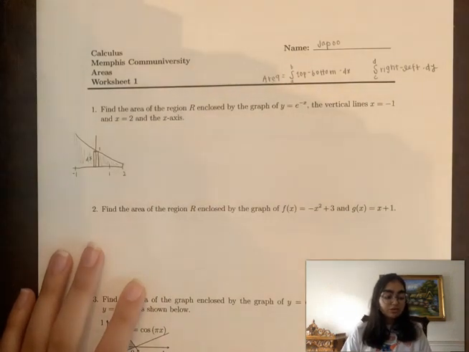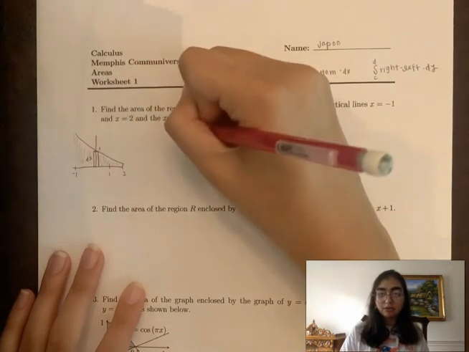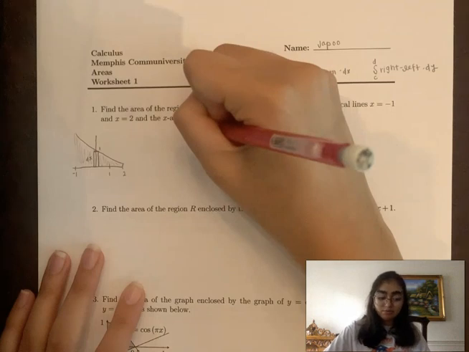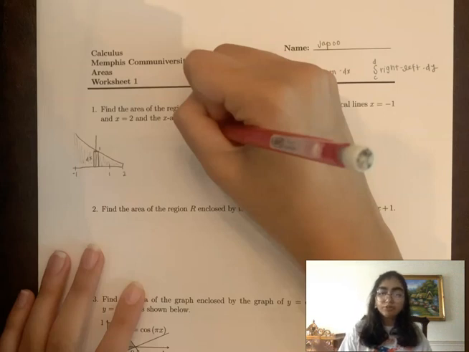The rectangle represents the vertical distance, so the top of the rectangle will be the top in my equation, and the bottom of the rectangle will be my bottom in this equation. When I say the top of the rectangle, I really mean what the top of the rectangle is touching. Which function is the top of the rectangle touching, and which function is the bottom of the rectangle touching?